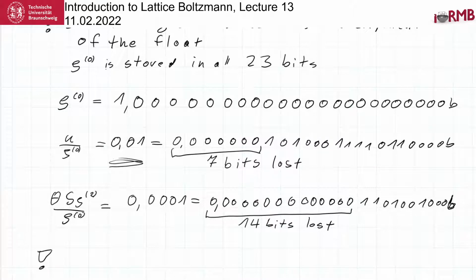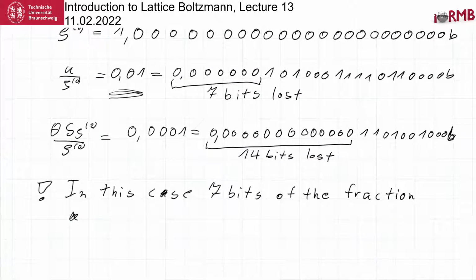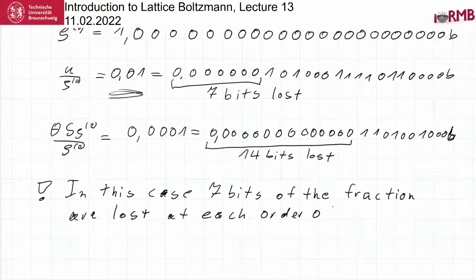So, okay, let's write this down. In this case, which is only an example, of course, 11 bits of the fraction are lost at each order of epsilon.